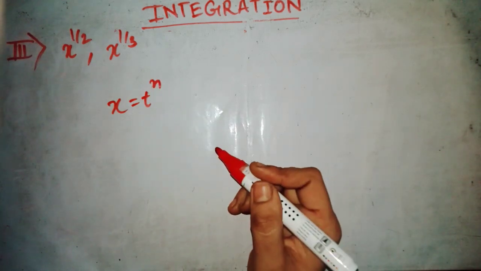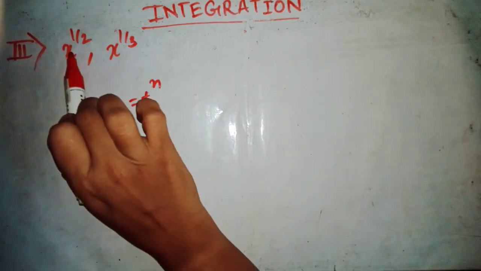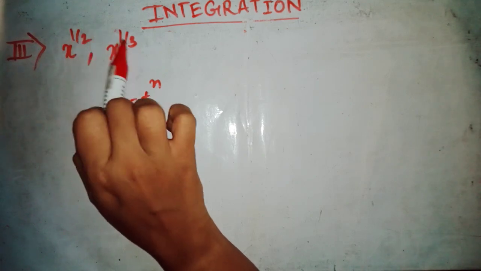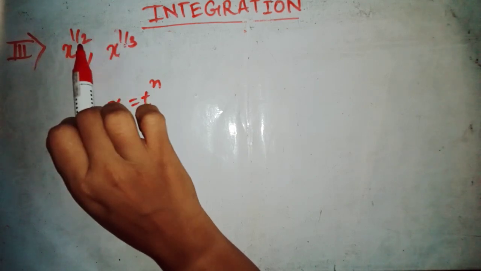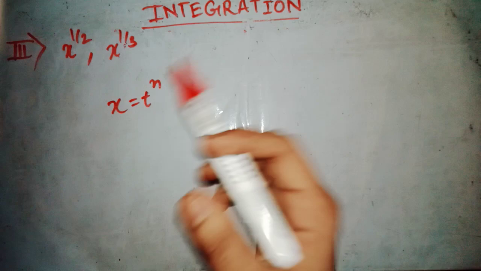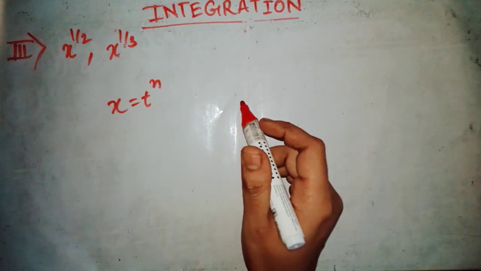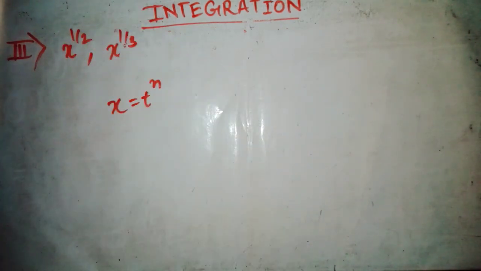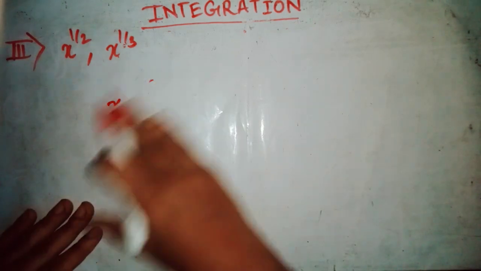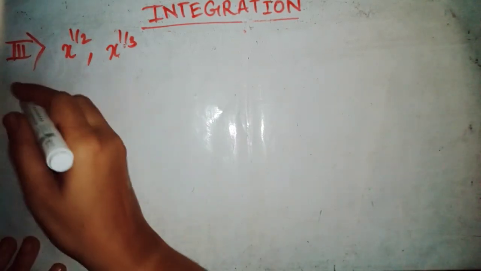Then you have to see the powers of both, of whatever is given in the integral, the fractional powers, and then you have to take the LCM of that, and then you have to multiply it. So we'll do one example.